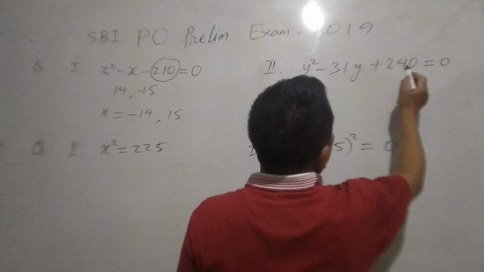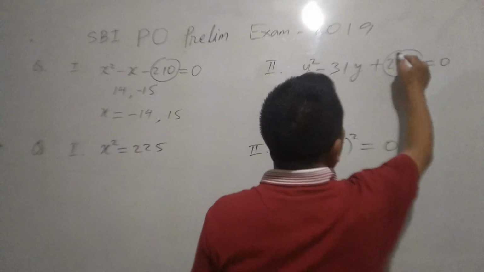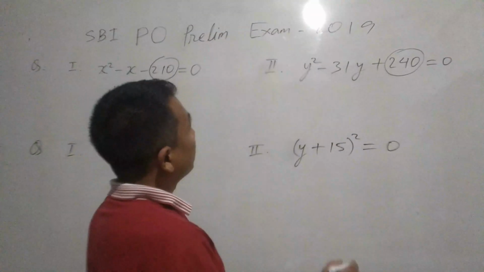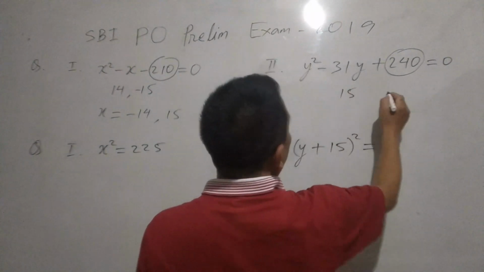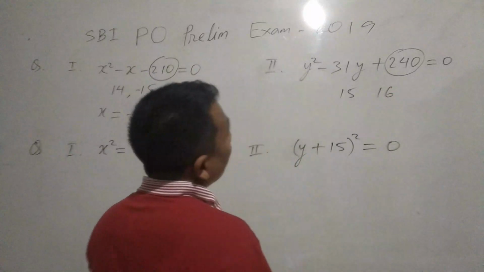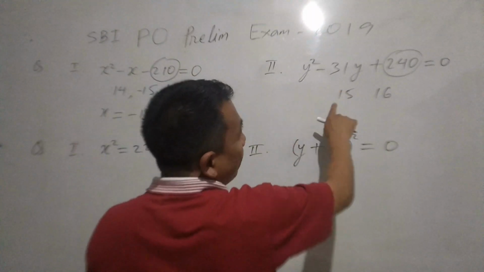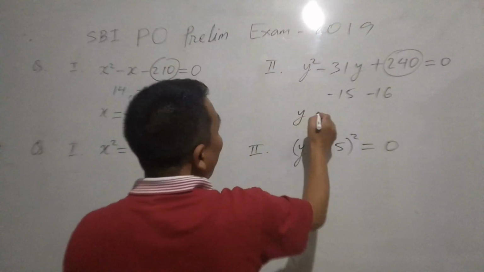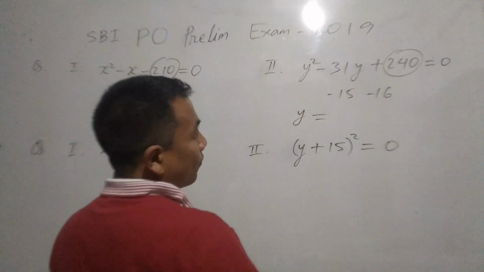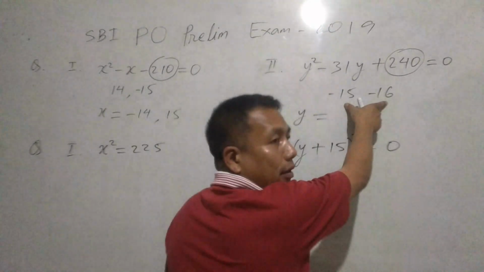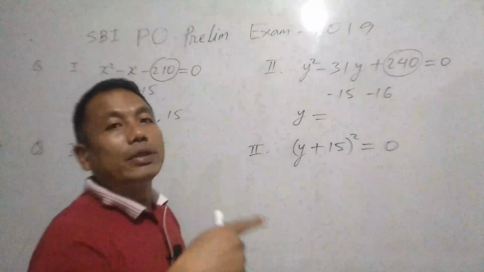Let's move to the next equation. This is again the product of 2 consecutive natural numbers. What are those numbers? 15 and 16. Minus 15 and minus 16. Therefore, the value of y must be the same numbers, opposite in sign.